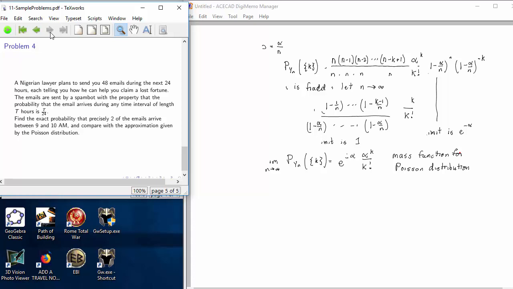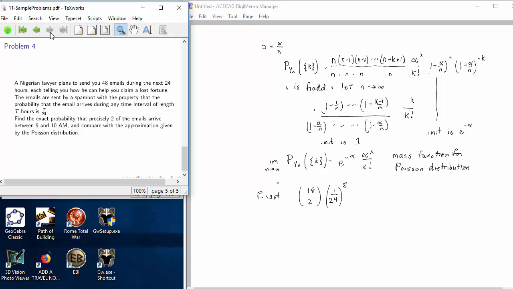So it's easy to work out the exact probability that precisely 2 of the emails arrive between 9 and 10 a.m. There are 48 choose 2 ways of selecting 2 specific emails out of the 48. For each of those cases, the probability that one of those emails arrives between 9 and 10 a.m. is 1/24.